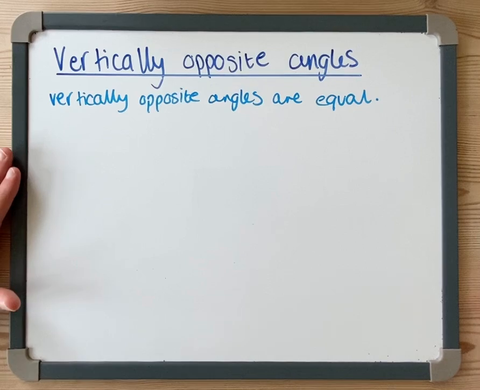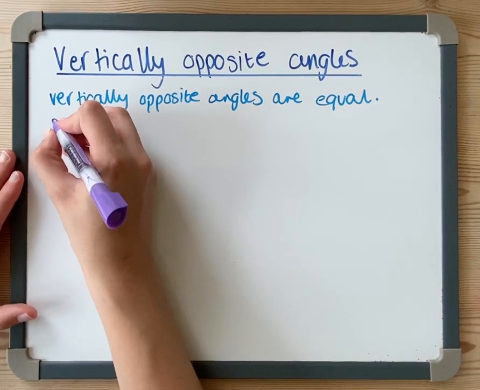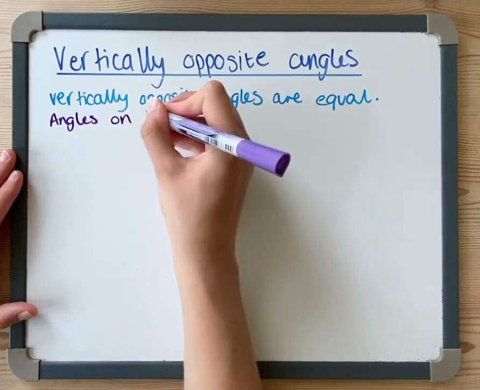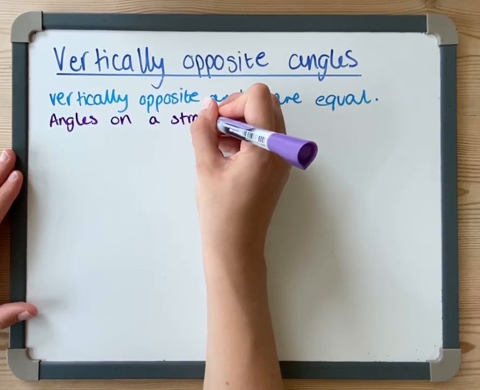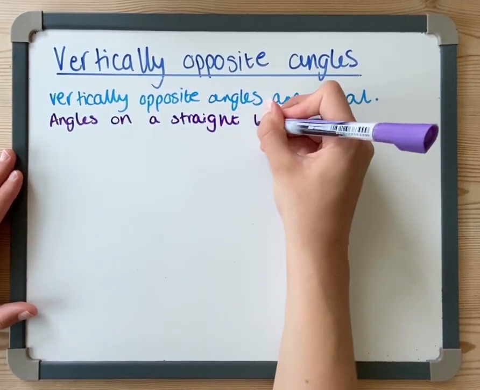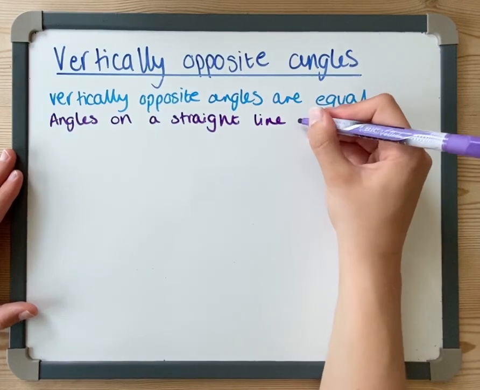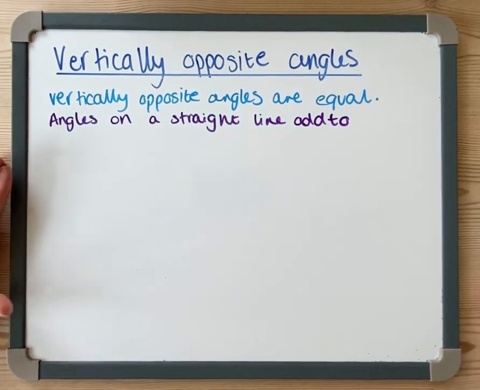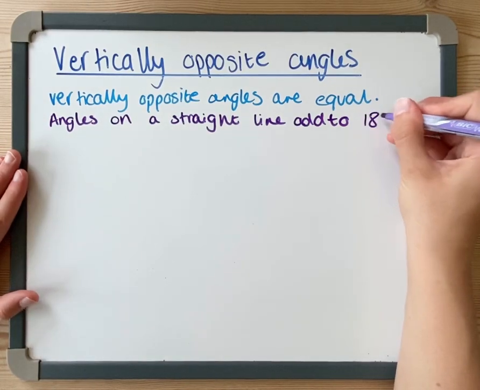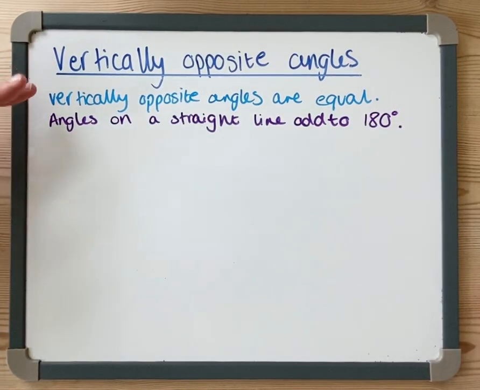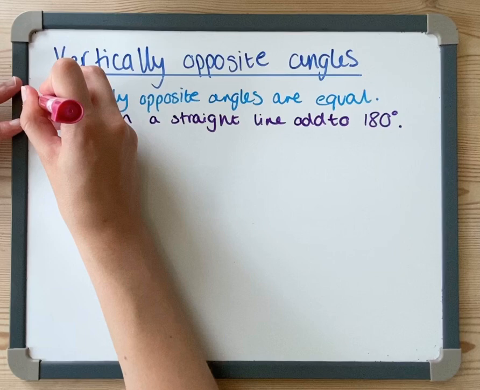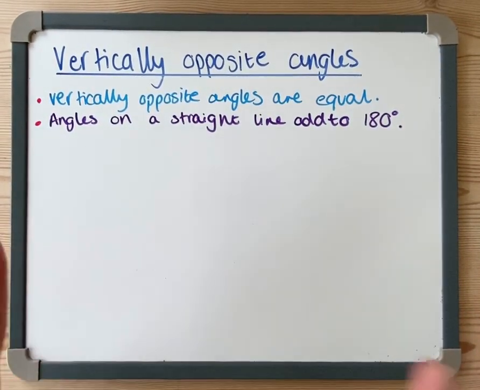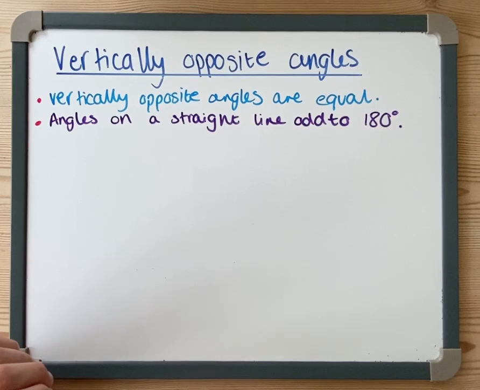The other rule that we'll be using today that's really going to help us is angles on a straight line, and you'll remember this from the other day, add to. Does anyone remember what they add to? If you said 180 degrees, you are absolutely right. So these are our two key rules that we are going to be using today, and we're going to leave those up for the duration. Please make sure you've written those down.